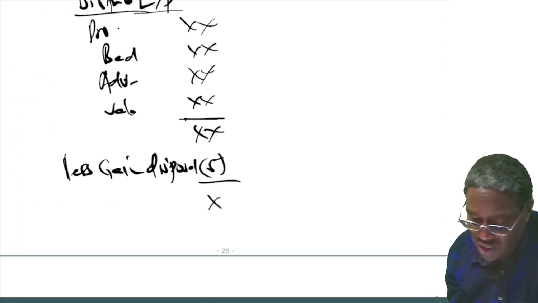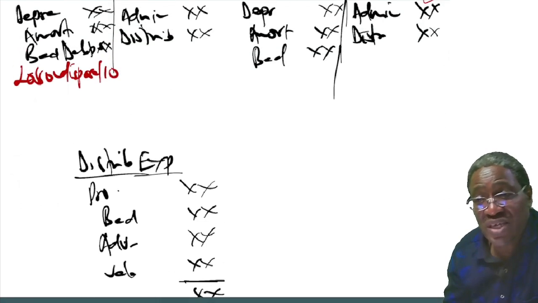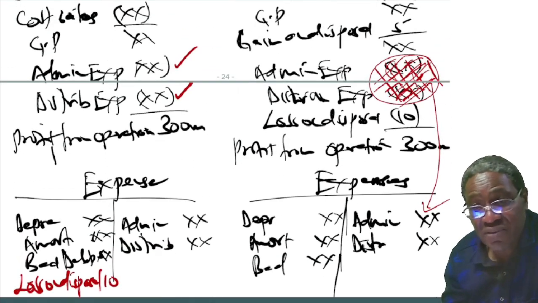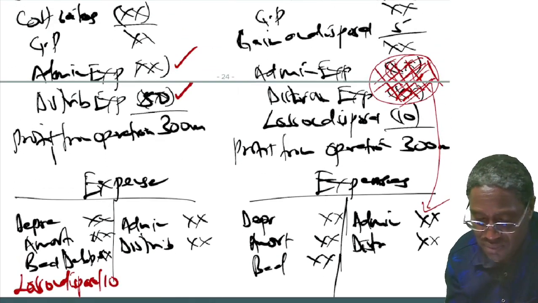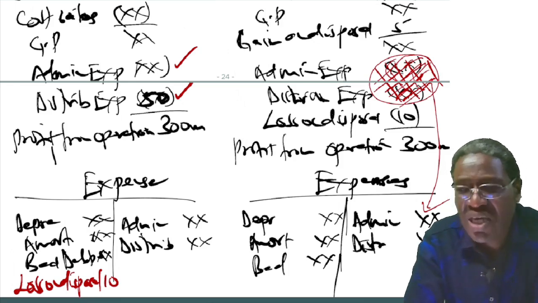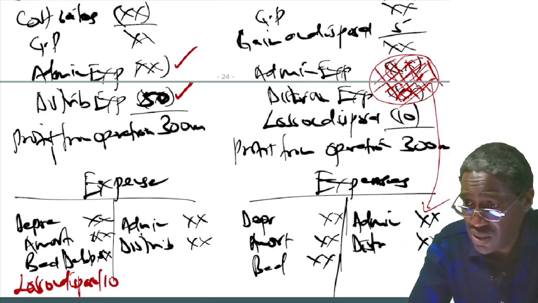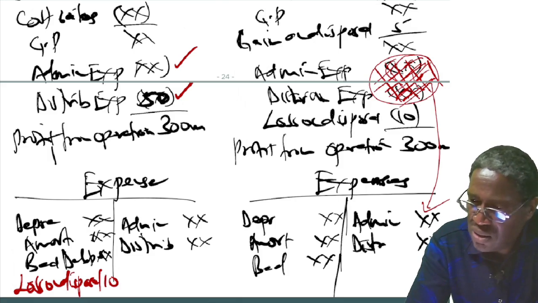Then whatever he got here, let us assume he got 50 million. That 50 million is what he took to the income statement here. 50 million as selling and distribution. If we sold a motor vehicle, an office equipment, then it means relating to admin.